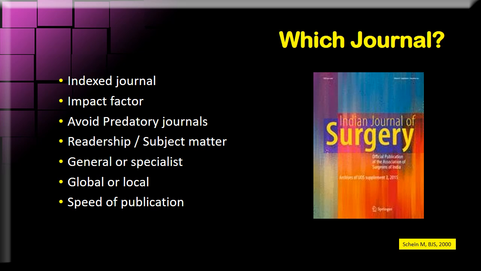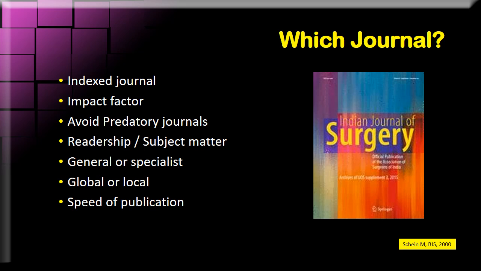If it's a general surgery subject, perhaps Indian Journal of Surgery, it's our flagship. If you're writing something on laparoscopic surgery, you can send it to Journal of Minimal Access Surgery. If the subject matter is something global, you can send it to any international journal. If it is something very clearly associated with Indian surgical practice, it will have to be an Indian journal.